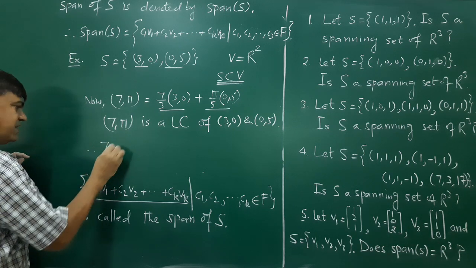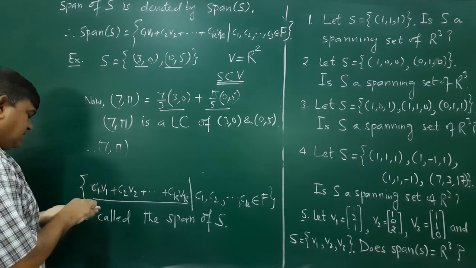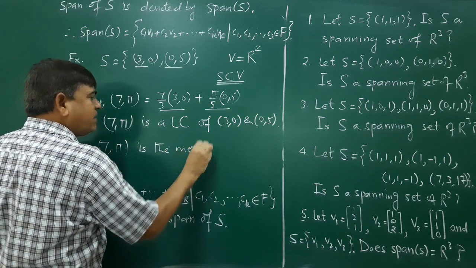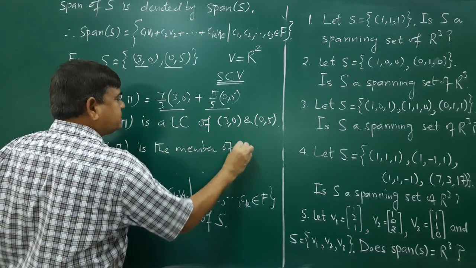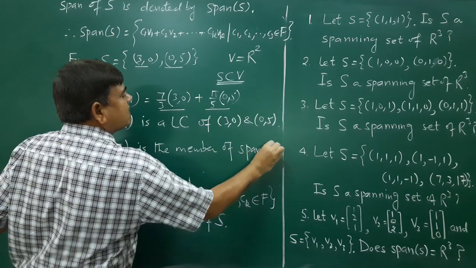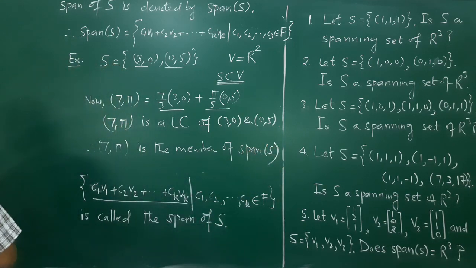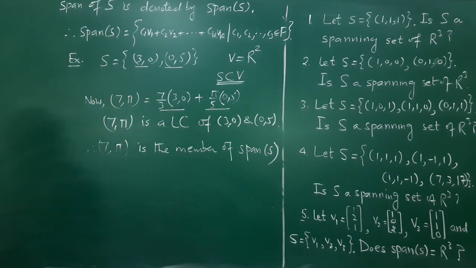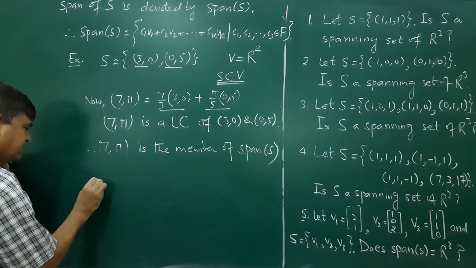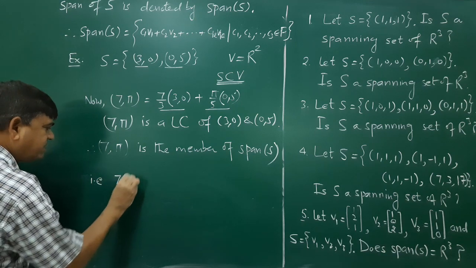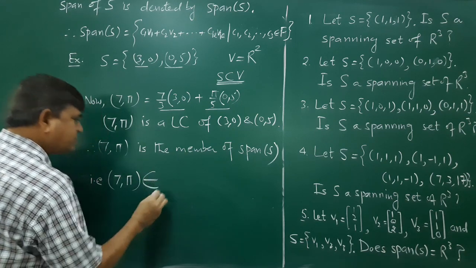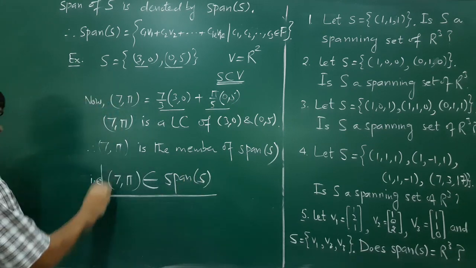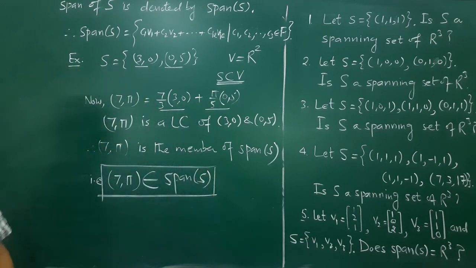Therefore 7 comma pi is a member of span S.